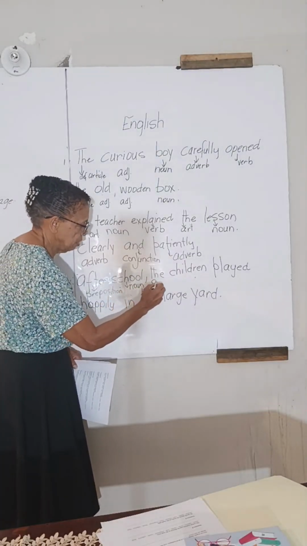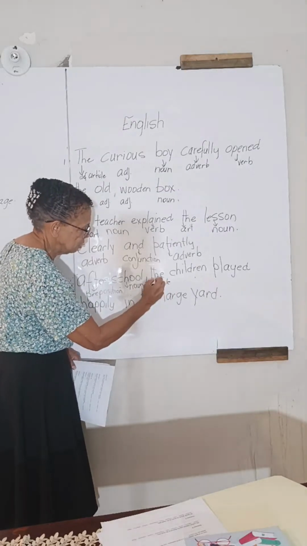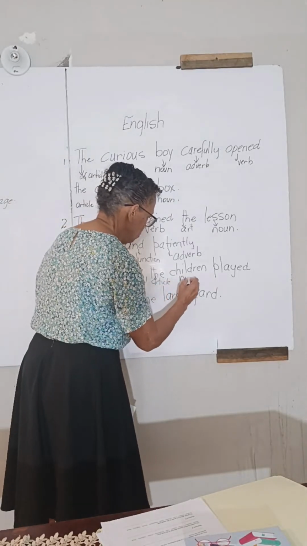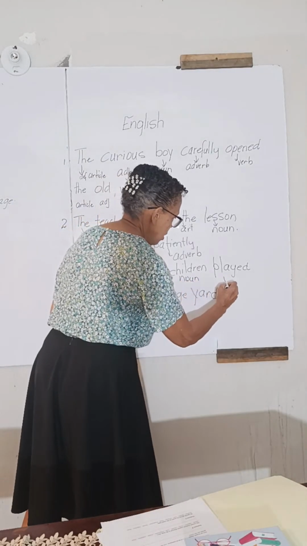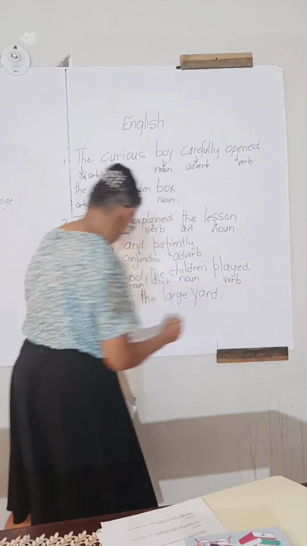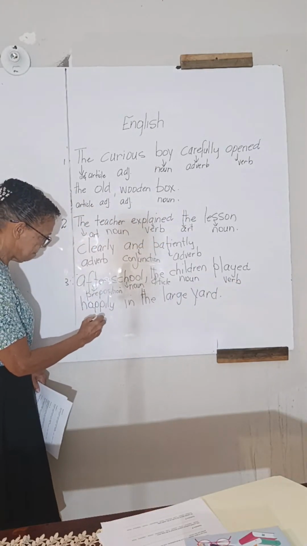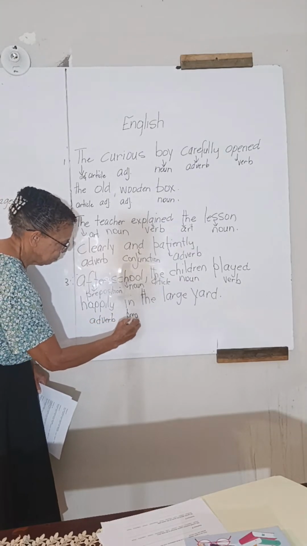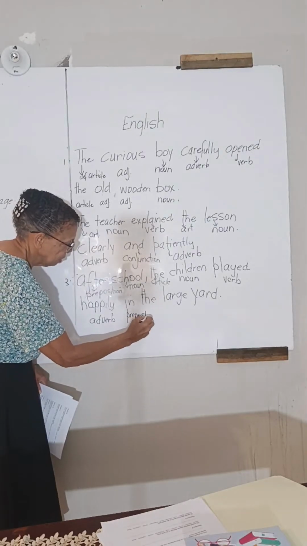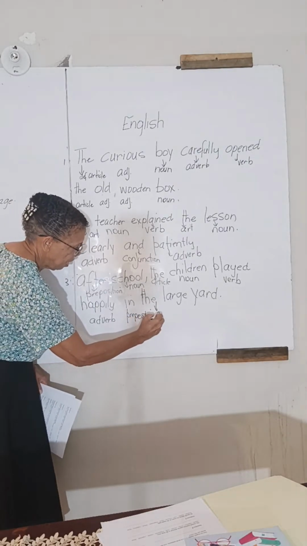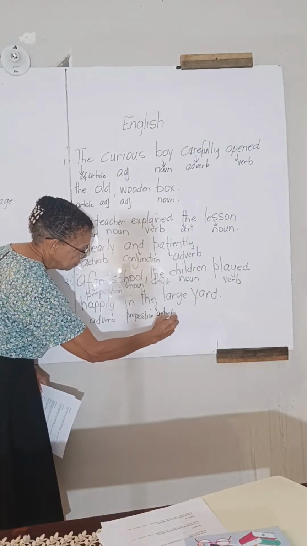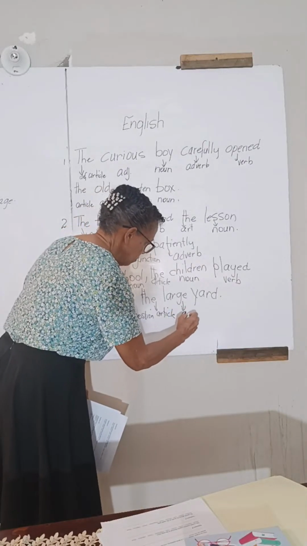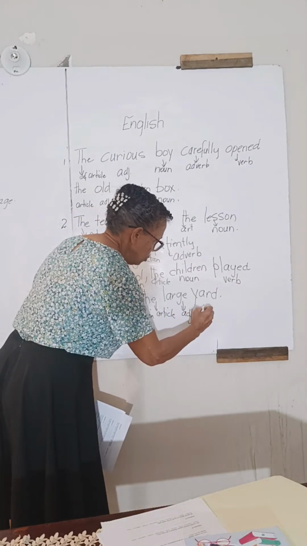The article, I know it's a little jumble. Children, noun. Played, verb. Happily, adverb. In, preposition. The article. Large, adjective. Yard, noun.